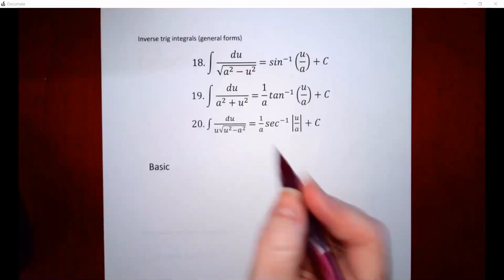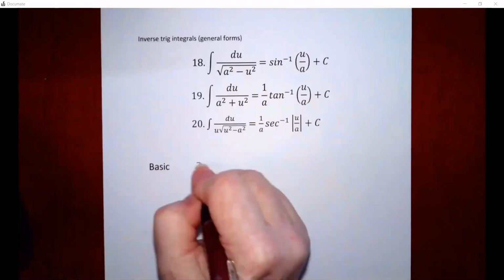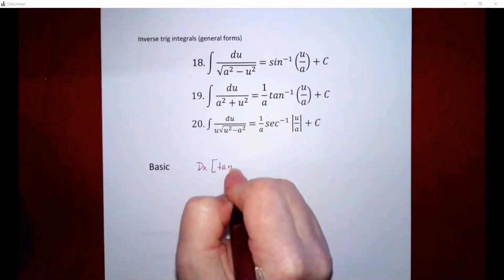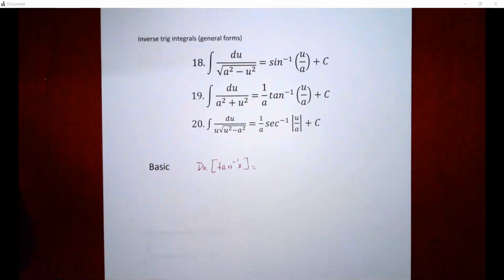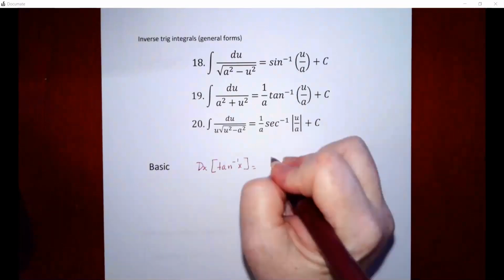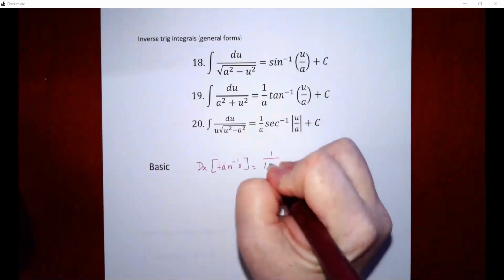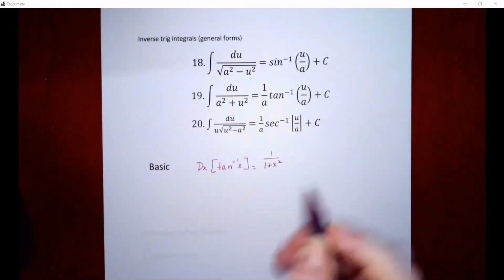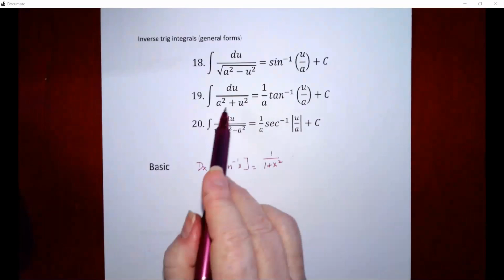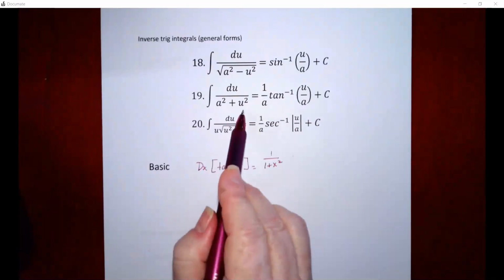For example, if you take the derivative of the arc tangent of x, that is 1 over 1 plus x squared, right? So these guys, while they're kind of close, they're not exactly the same.